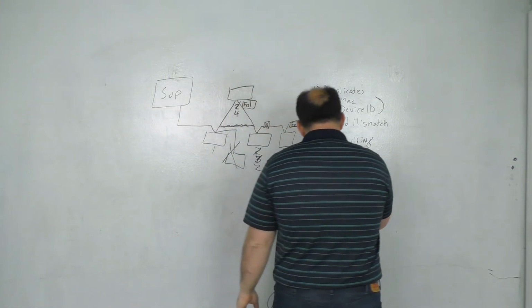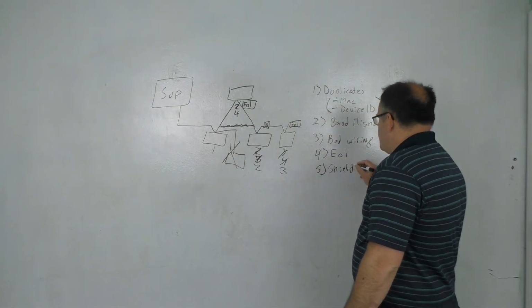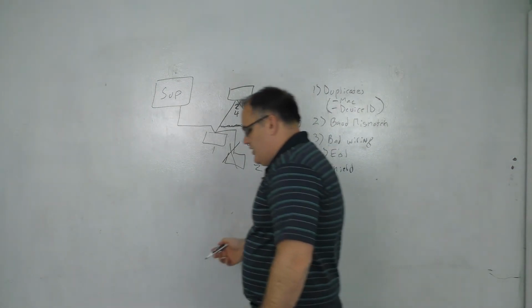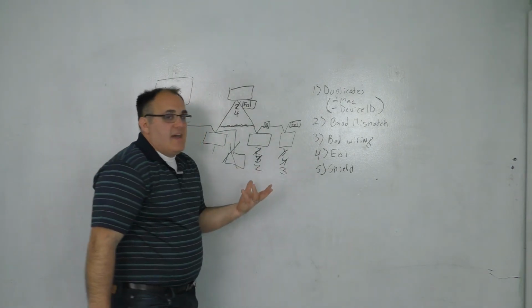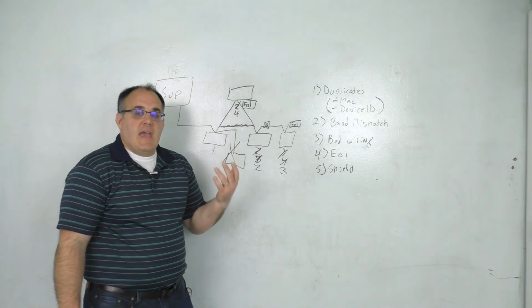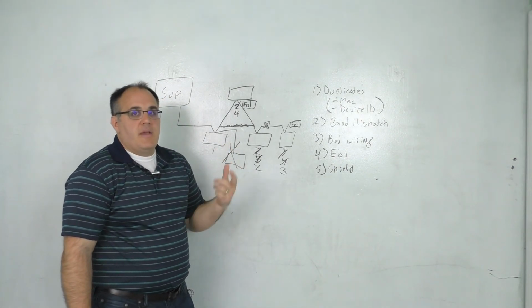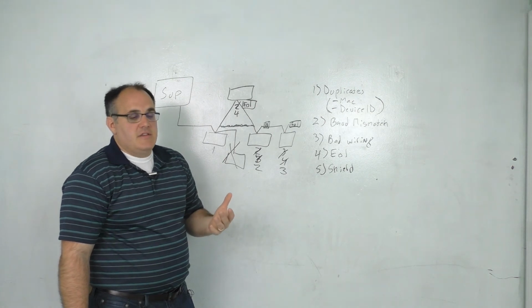And finally, number 5 is shields. We didn't talk a lot about shields, but basically what a shield is: BACnet is utilizing shielded twisted pair cable. And the shield protects you from interference from electrical devices.